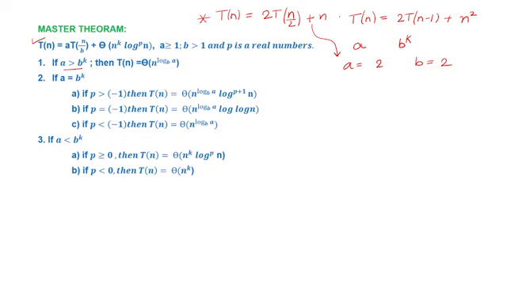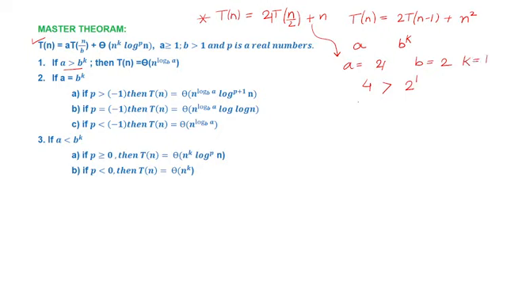Let's say instead a is equal to 4. So a is 4, and b to the power k is 2 to the power 1, so a is greater. It satisfies rule number 1, which is a greater than b to the power k. Here k is equal to 1.